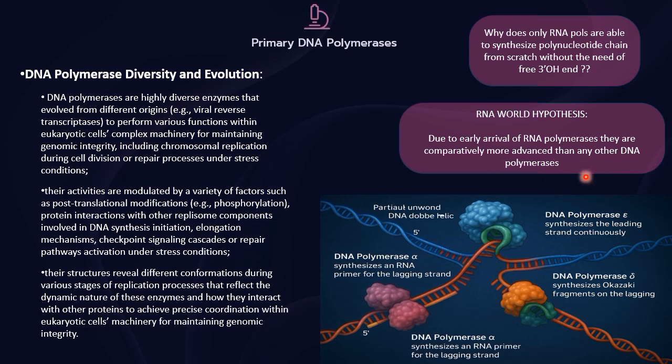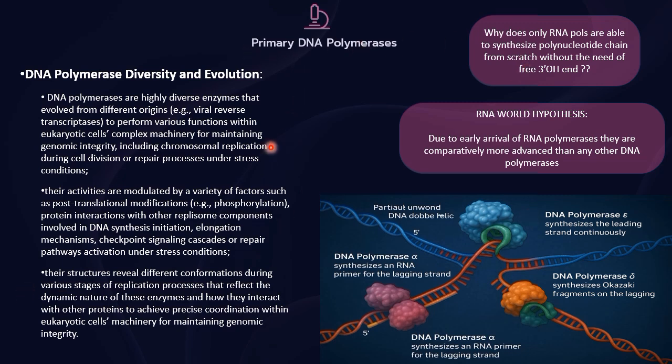But on the other hand, when DNA became the genetic material of many organisms and DNA polymerases evolved, they had a substitute, which is RNA polymerase, which can synthesize RNA from scratch. And there are some RNA polymerases like primase and pol alpha, which use DNA as a template, read DNA, but synthesize complementary RNA.